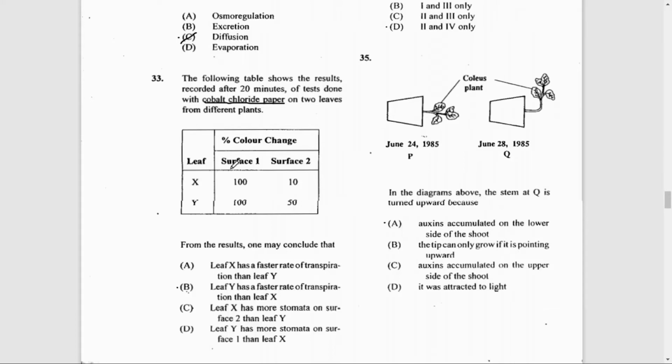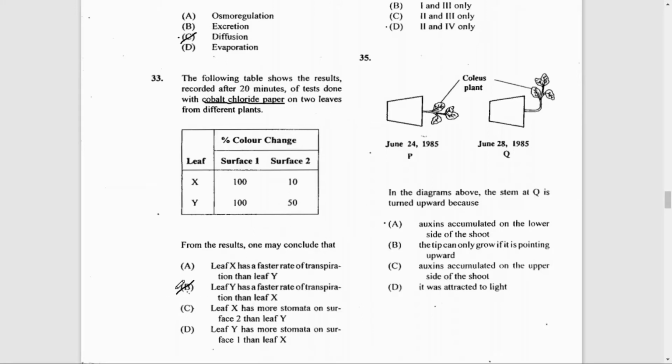Okay, the percentage color change on surface 1 is the same for both leaves, but for surface 2, you have a greater percentage color change for leaf Y than for leaf X. So that can only lead to the conclusion that leaf Y has a faster rate of transpiration than leaf X, because you have more moisture around leaf Y. That's why you have the greater color change there.